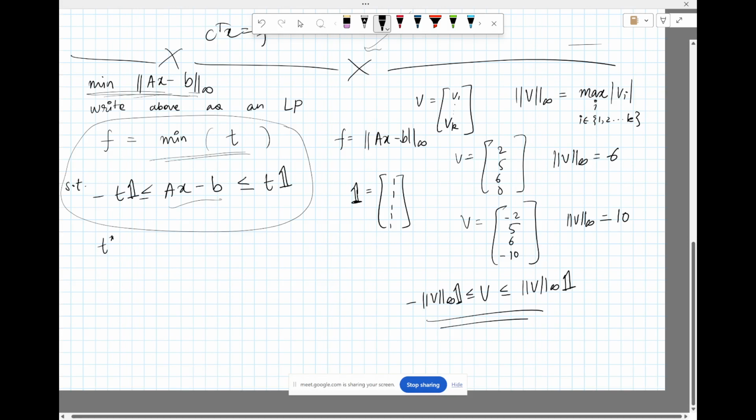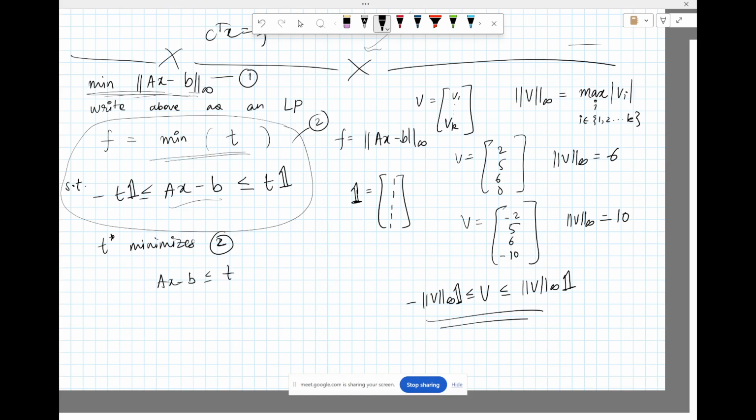Say there is some t star. Let's call this 2. Let's call this 1. t star minimizes 2. So I need to check whether t star minimizes 1 also. So t star minimizes 2 means I know ax minus b is less than or equal to t star and greater than or equal to minus t star.